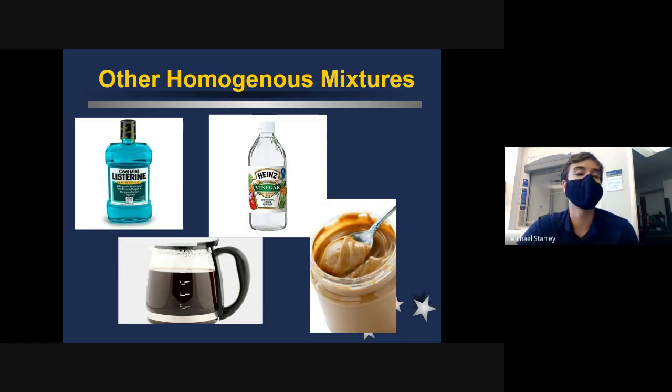One of my personal favorite examples is smooth peanut butter. I'm personally a big peanut butter fan. I still love making PB&J sandwiches for lunch every now and then. The normal smooth peanut butter you buy at the grocery store is a mixture of ground up peanuts and a little bit of oil and a little bit of sugar.